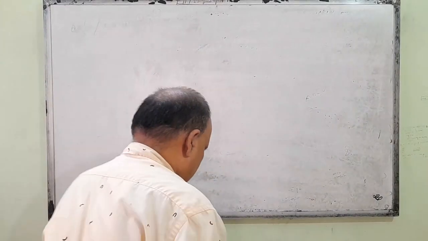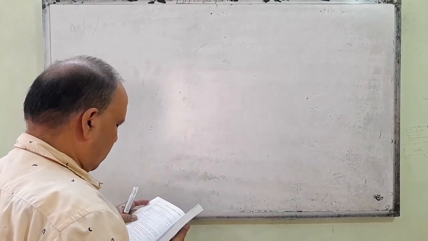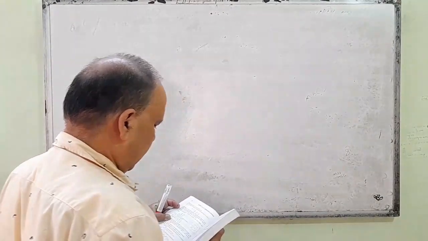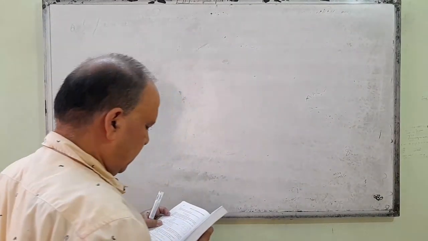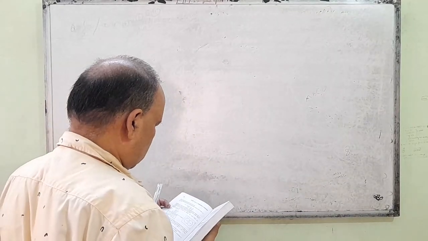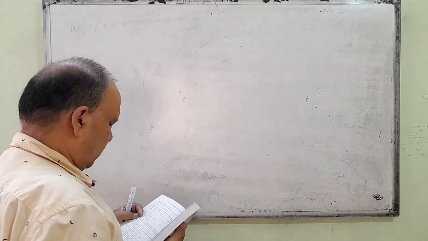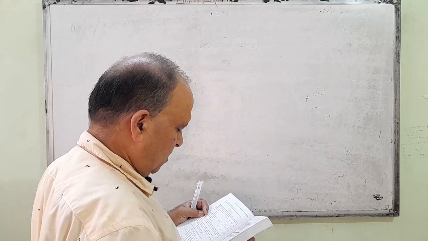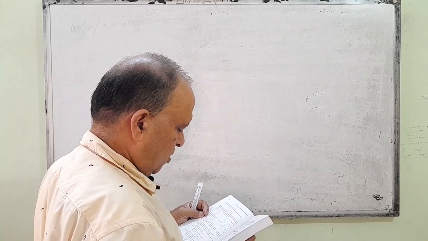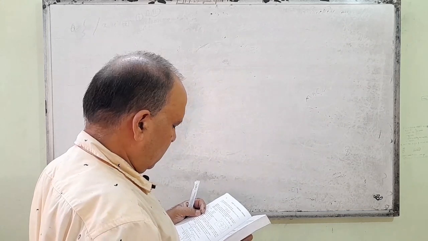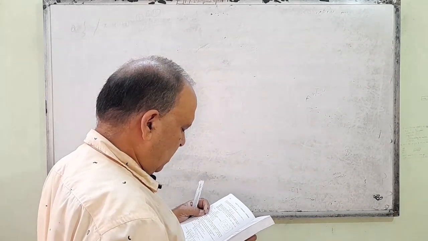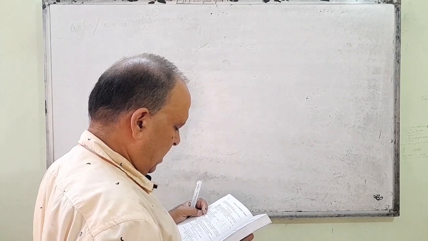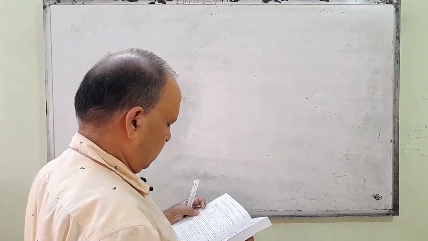Another question is there: in a group of students, 100 students know Hindi, 50 students know English and 25 students know both. Each of the students knows either Hindi or English. How many students are there in this group?